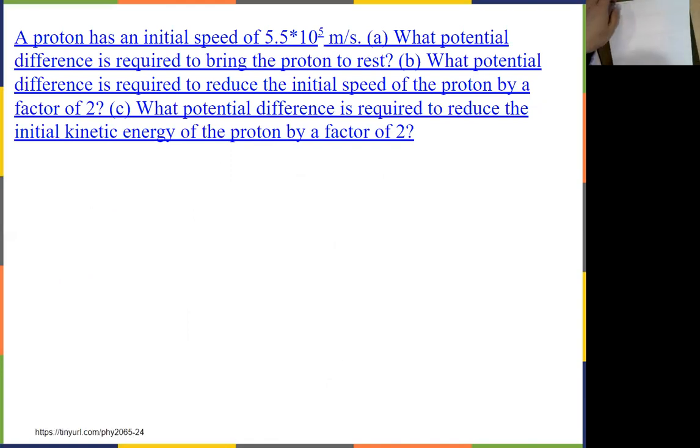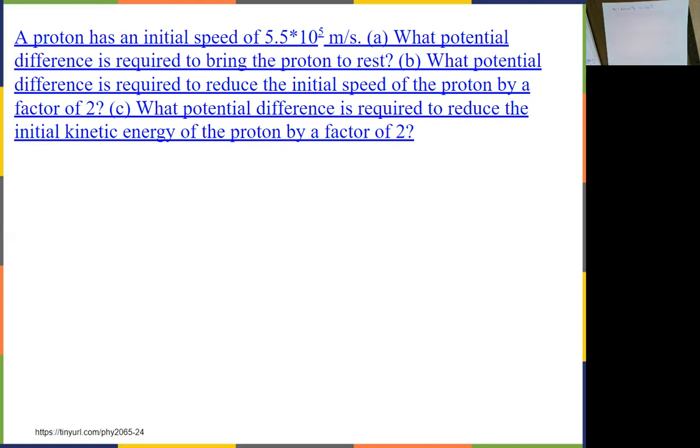A proton has a fixed mass, one of the fundamental numbers. So the mass of the proton is 1.67 times 10 to the minus 27 kilograms, and the charge Q for a proton is 1.6 times 10 to the minus 19 coulombs, positive.